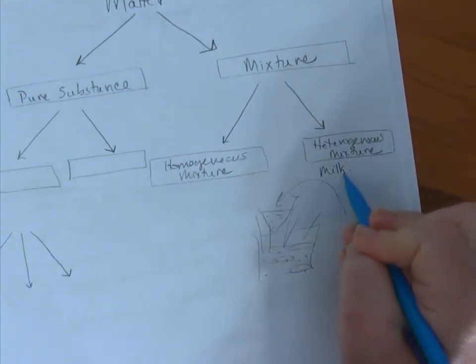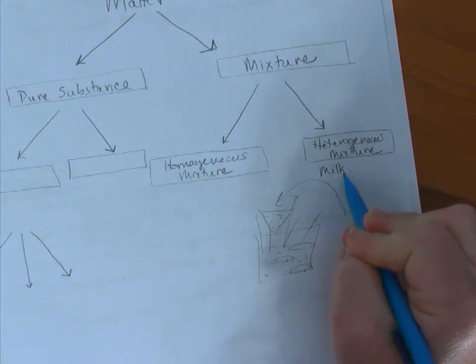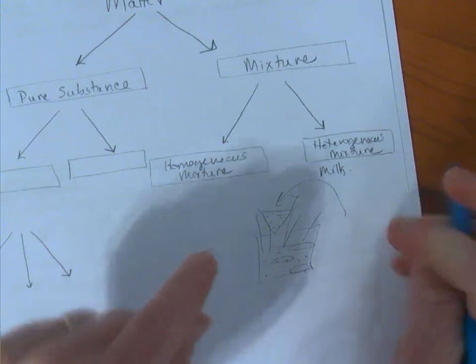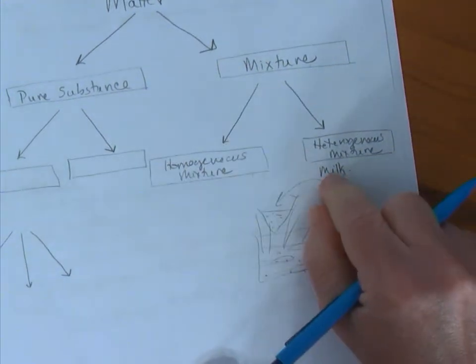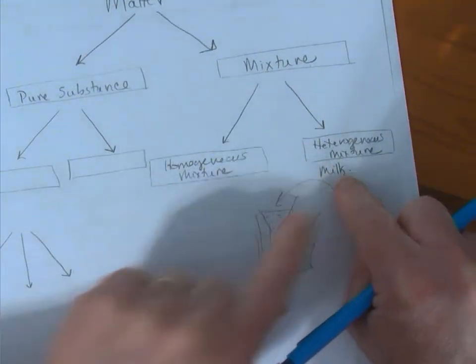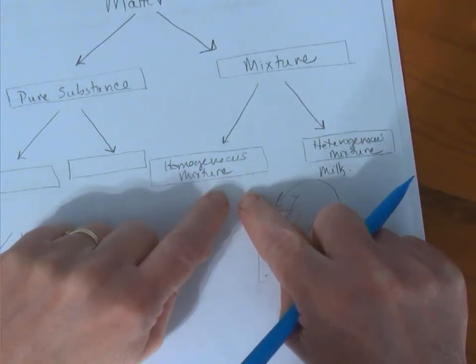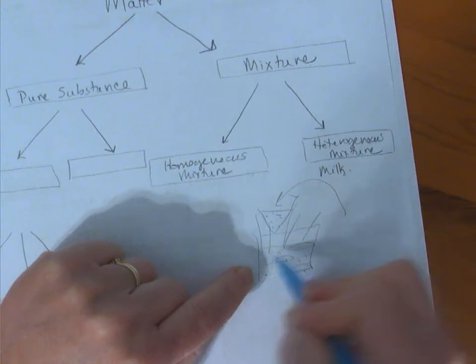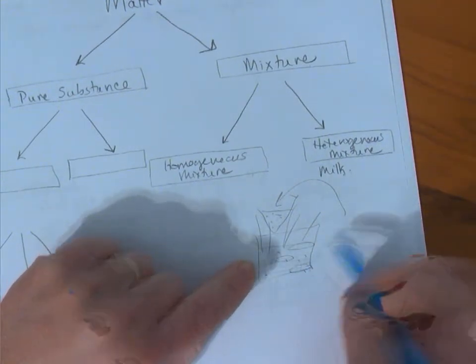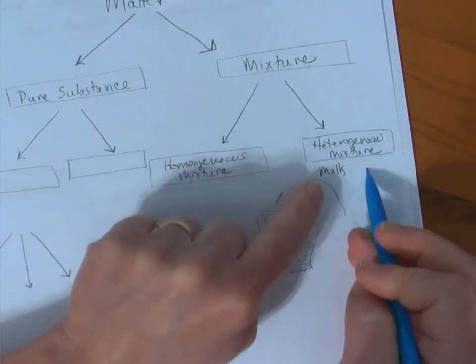Even skim milk. So milk is a heterogeneous mixture. We have to look at it under a microscope. So we are telling you milk is heterogeneous, even though, unless we talked about it, we'd probably categorize it as being homogeneous. So in my cup of coffee, if I add creamer, whoa, that changes it from homogeneous to heterogeneous.